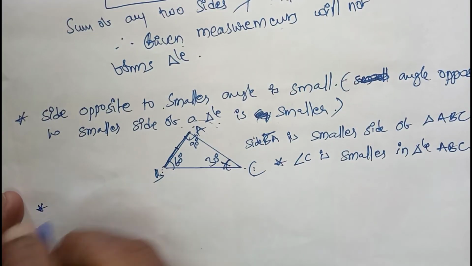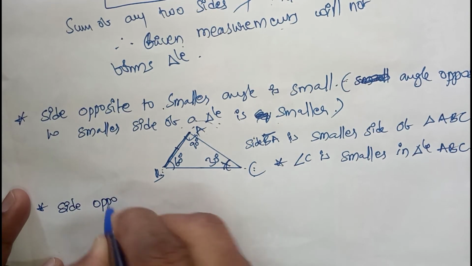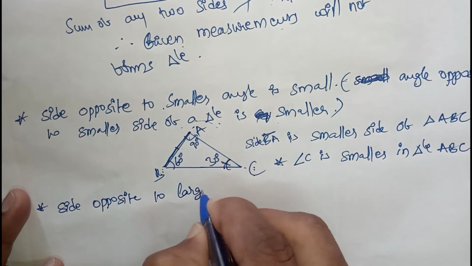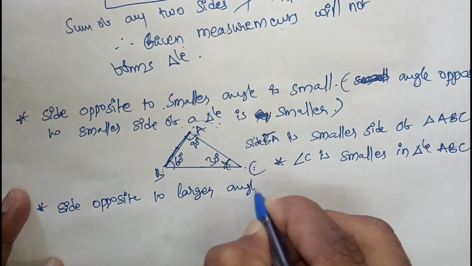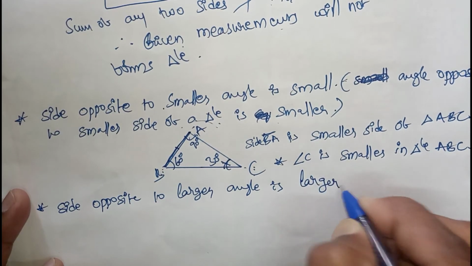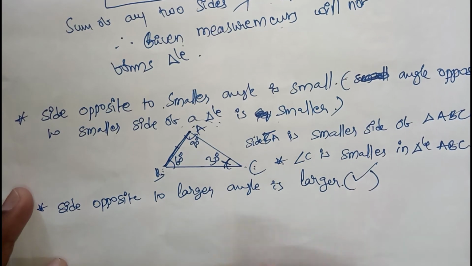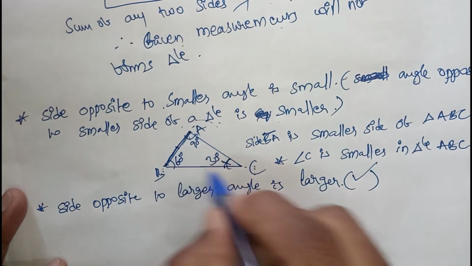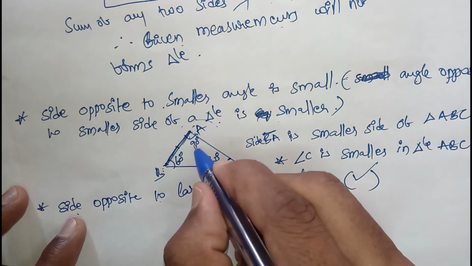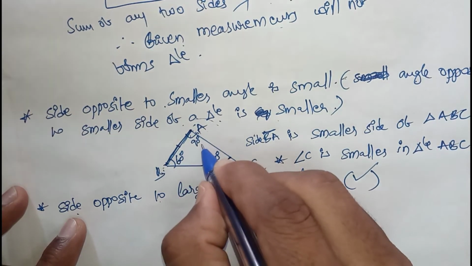One more point is: the side opposite to the larger angle is larger. The converse of this statement is also true. In this figure only we can check this. Side opposite to the larger angle. Which is the larger angle among 30, 90, 60? 90 is larger.